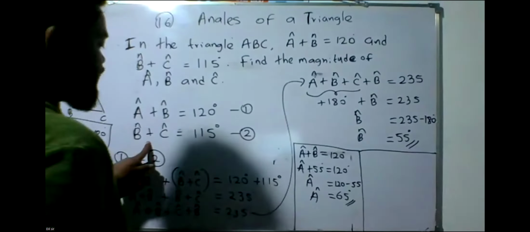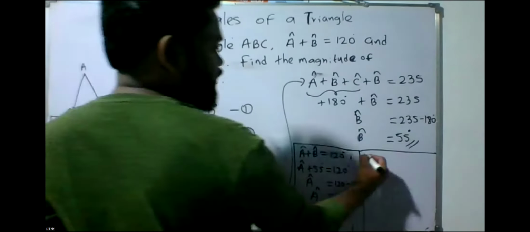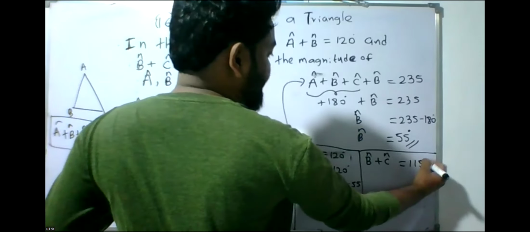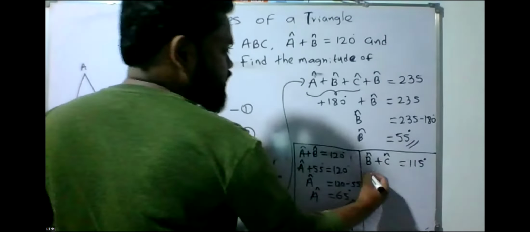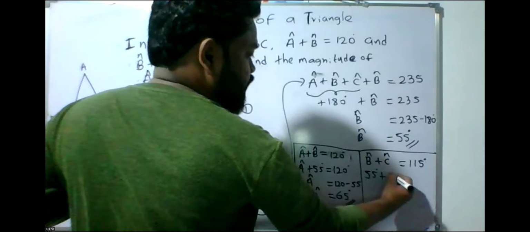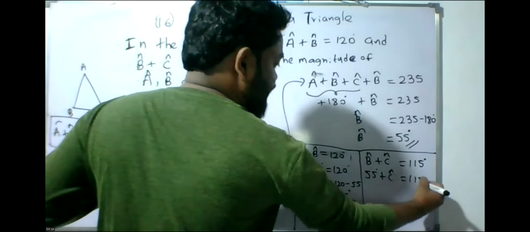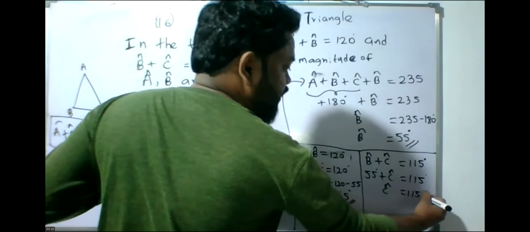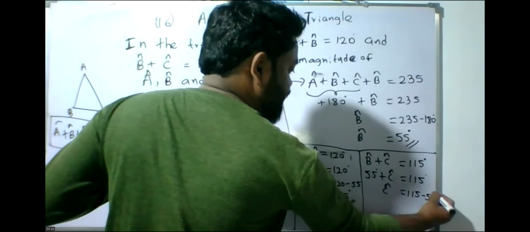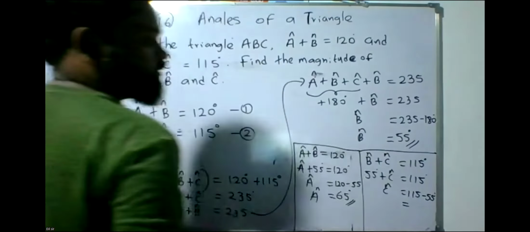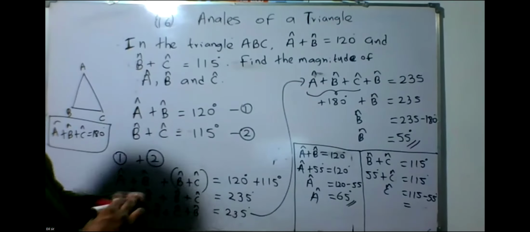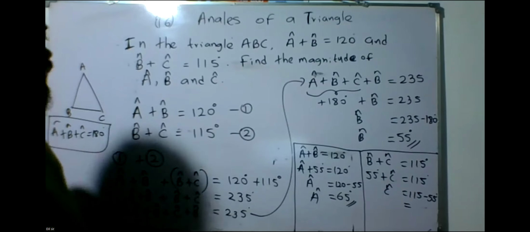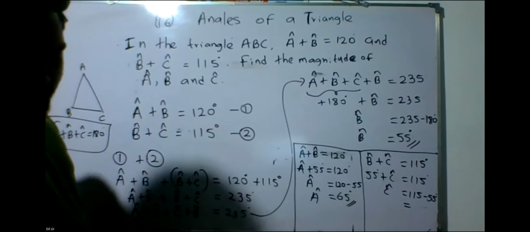Using the second equation, B plus C equals 115. What is B? It is 55. Plus C equals 115. C equals 115 minus 55. Find your answer. 115 minus 55, what is the answer?